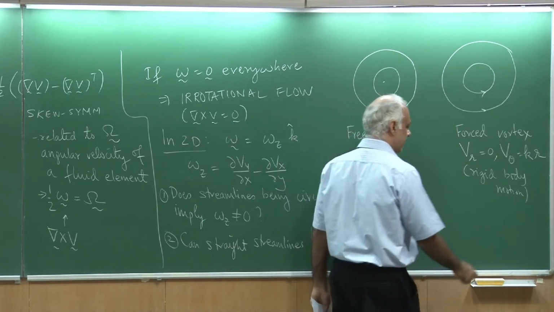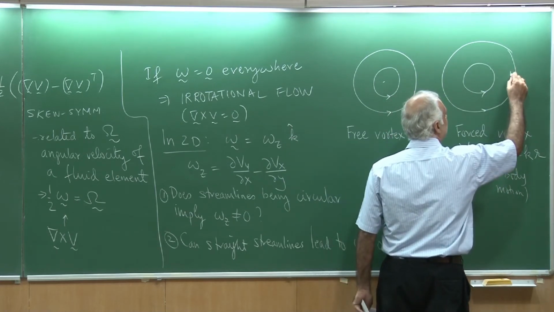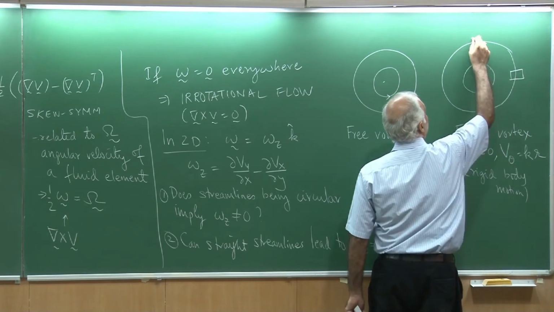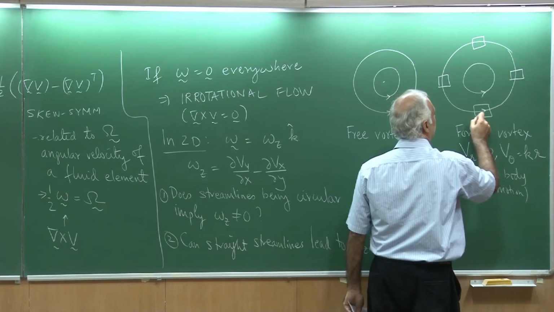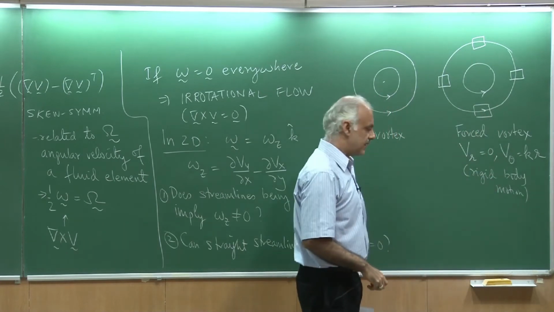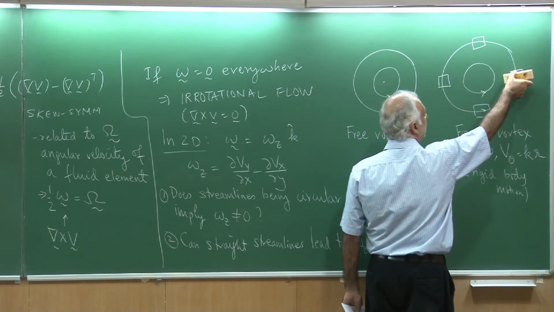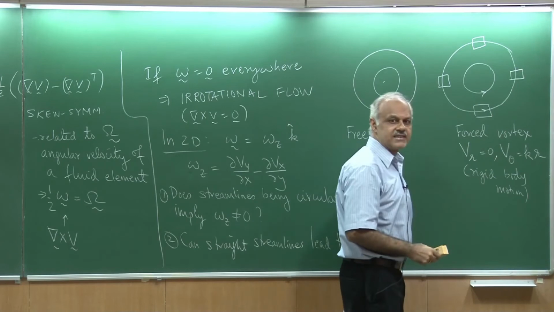And here what is happening is that if I draw fluid elements at these different locations, then I need to ask myself: when this fluid element moves as a rigid body, does it rotate about its axis?